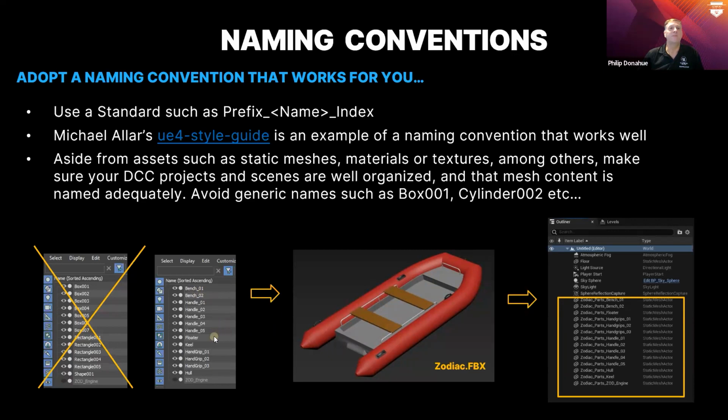Then we've got this object here, which we call the floater, and the keel, the hand grip 01 through 3, the hull. That way, when you're looking through your asset later on when it's imported, you're going to be able to identify them a lot better. So naming conventions like this are great to do in your DCC, ideally before you export.